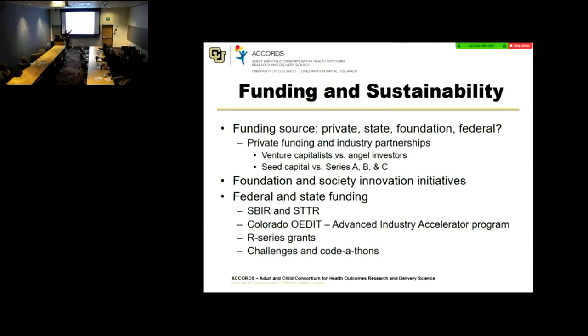You can do that on an STTR, where the award still goes to a small partner company, but that small company works with an academic partner, and the PI can be at the academic organization. These are grants that are specifically designed to fund development of business and development of technology initiatives with an idea that they're moving towards commercialization, towards something that can be a product and market down the line.